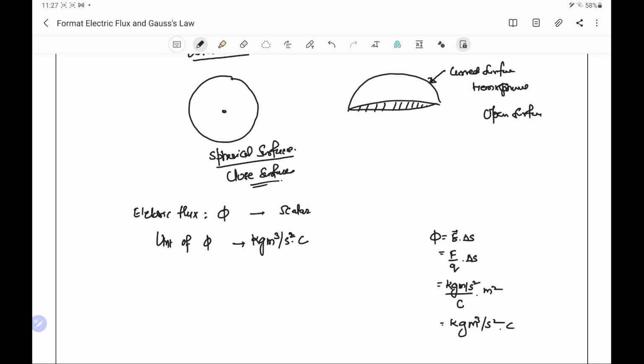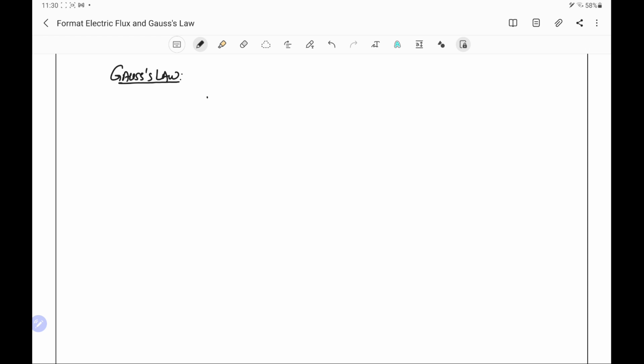We write this statement as: flux through a closed surface, that is integral E dot ds, this is the flux through a closed surface and it is equal to the total charge enclosed by that surface. So this is the net charge enclosed, divided by epsilon naught. This is the Gauss law.